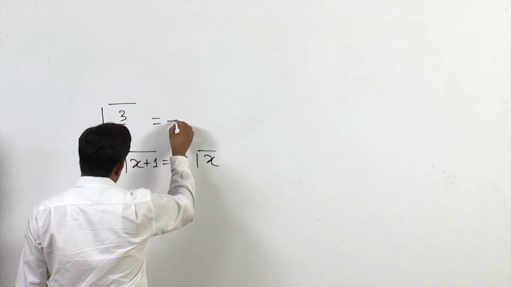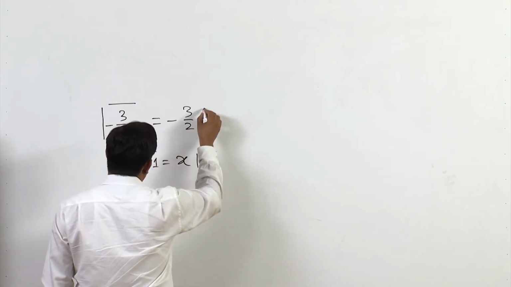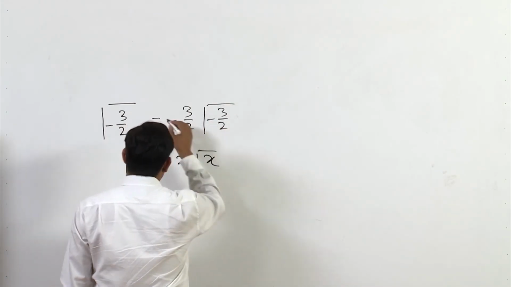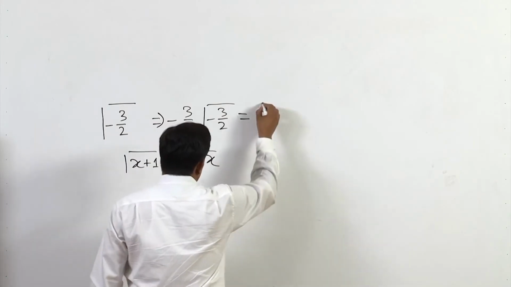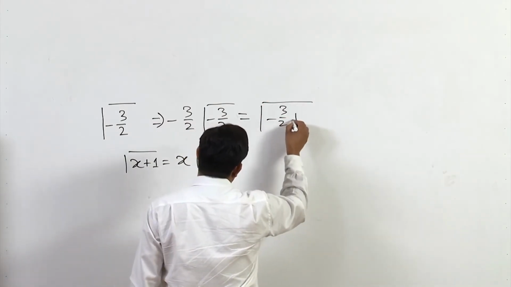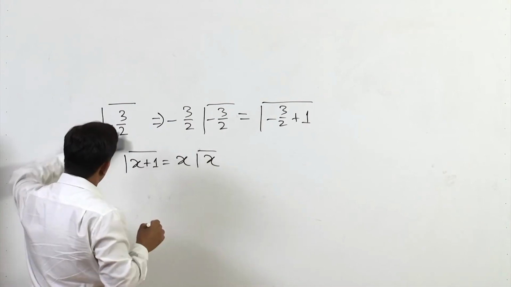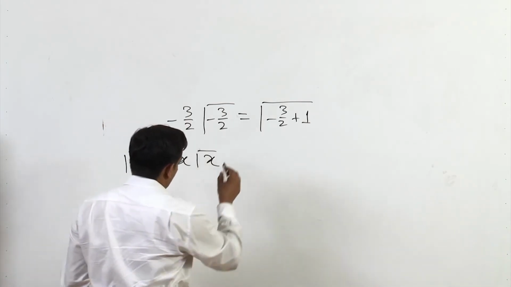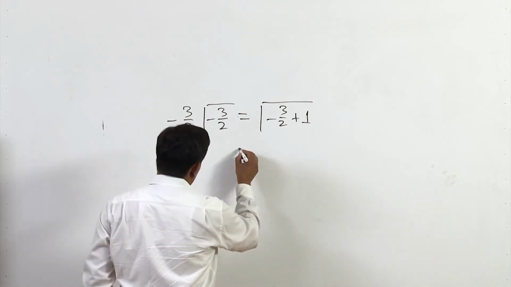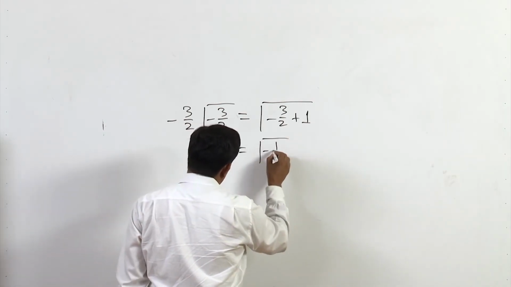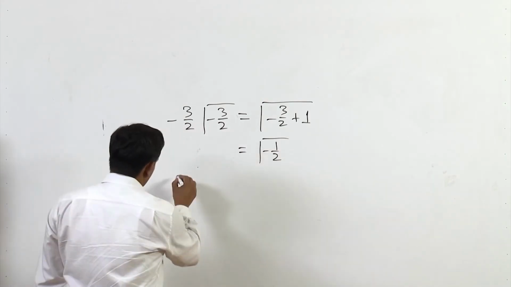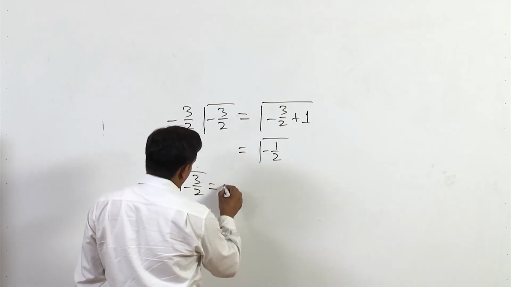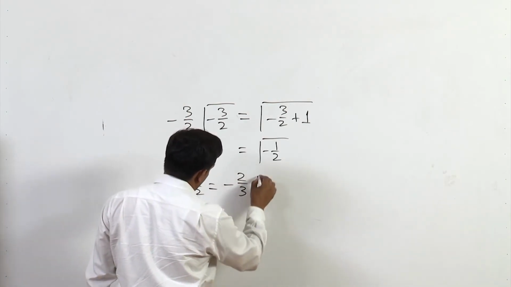So -3/2 times gamma of -3/2 plus 1 will be the expression, and this value will be gamma of -1/2. So hence gamma of -3/2 will be -2/3 times gamma of -1/2.